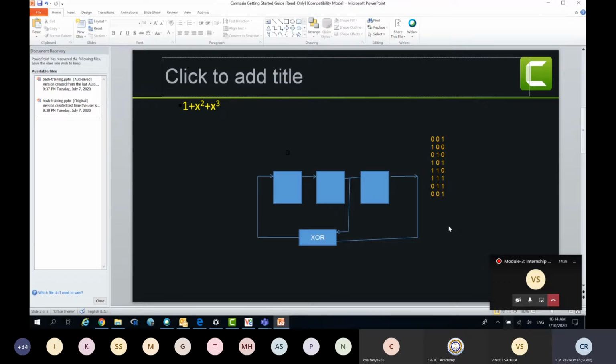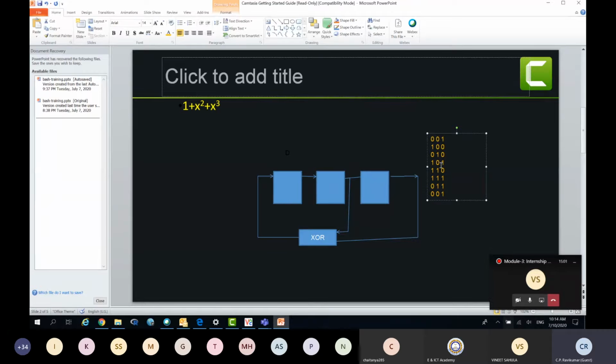The number of states that we were able to generate are: 0, 0, 1 is present, that is state 1. Then 0, 1, 0 is present, which is state 2. Then 0, 1, 1 is state 3. 1, 0, 0 is state 4.